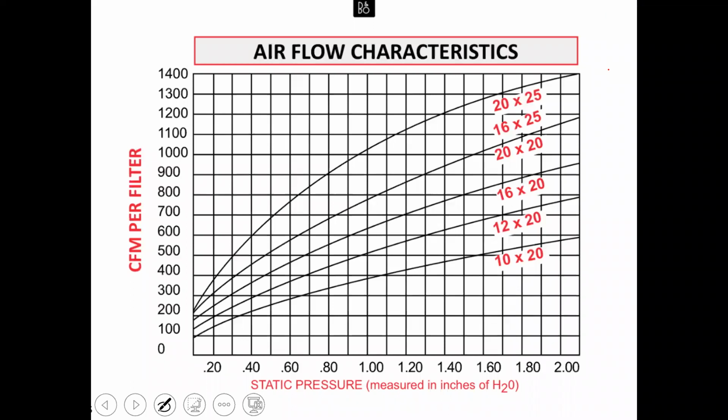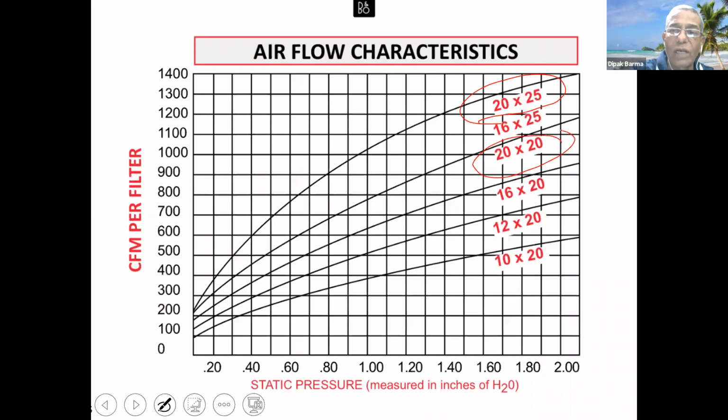Okay, now these are the airflow versus the pressure drop. It's a high pressure drop as far as grease filters are concerned because of the change in the direction of flow. So you have the airflow possibilities of what size filter can take care of what airflow at what pressure. It's available on these charts.